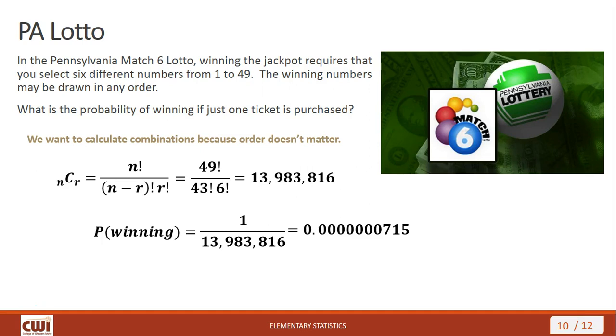That means we're going to have to move our decimal point over 1, 2, 3, 4, 5, 6, 7 places, meaning we're going to have to multiply this by 10 to the 7th power. 10 to the 7th power is, let's see, 10 million. So we'd have to buy 10 million tickets in order to have a decent chance of winning the lottery.